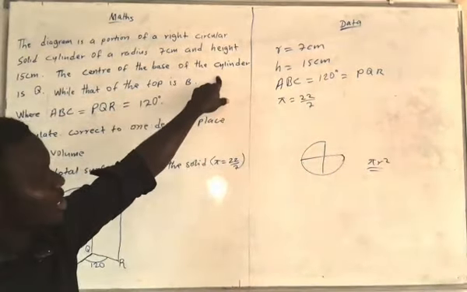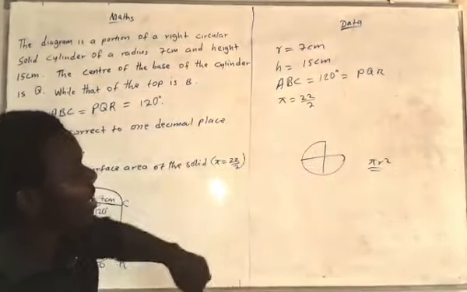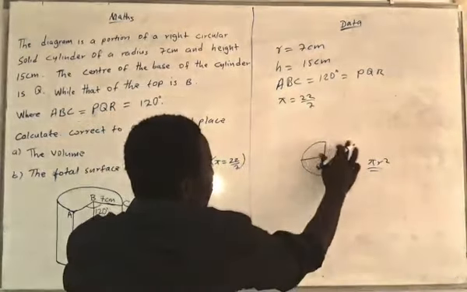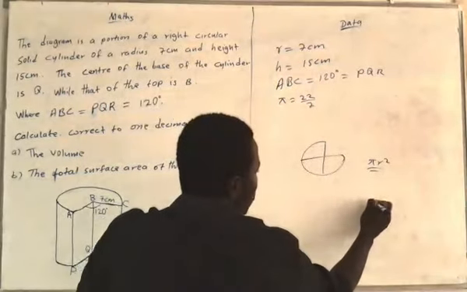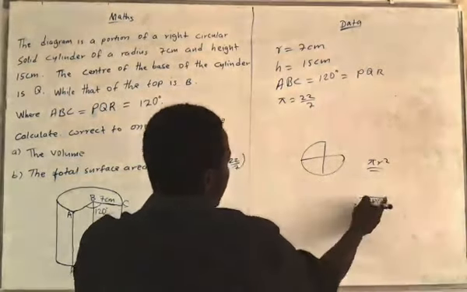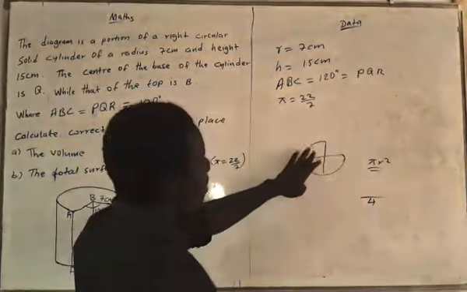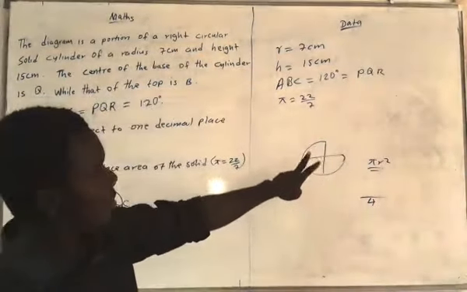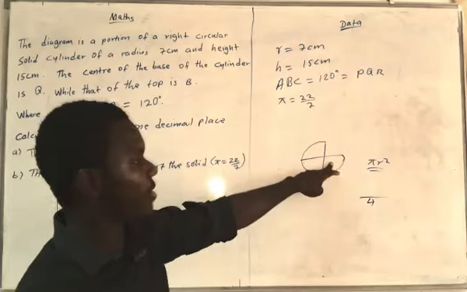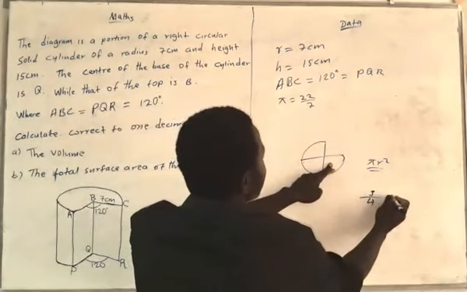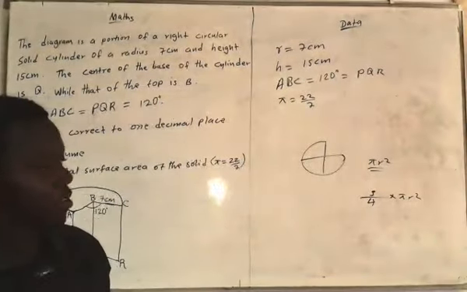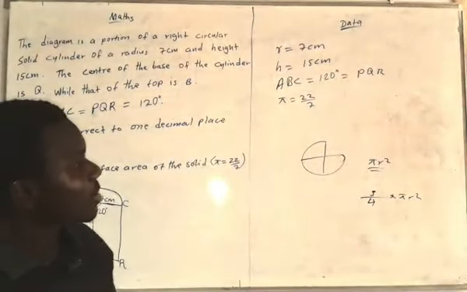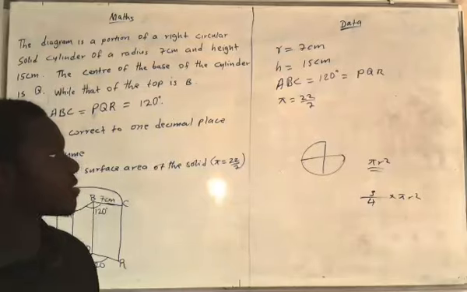In order to find the total area that is left here, since we have 4 portions, that will be over 4, and we have 3 sections left, so 3 times the total area, which is 3/4 times pi r square. That's how we can find the area of this.